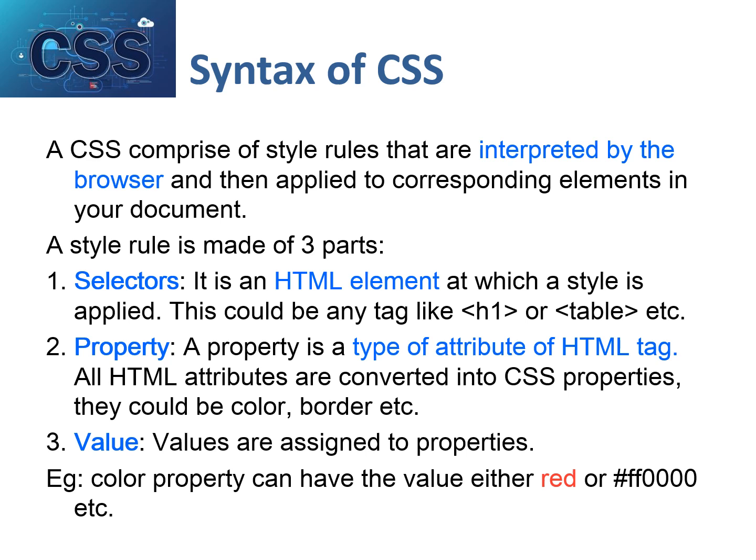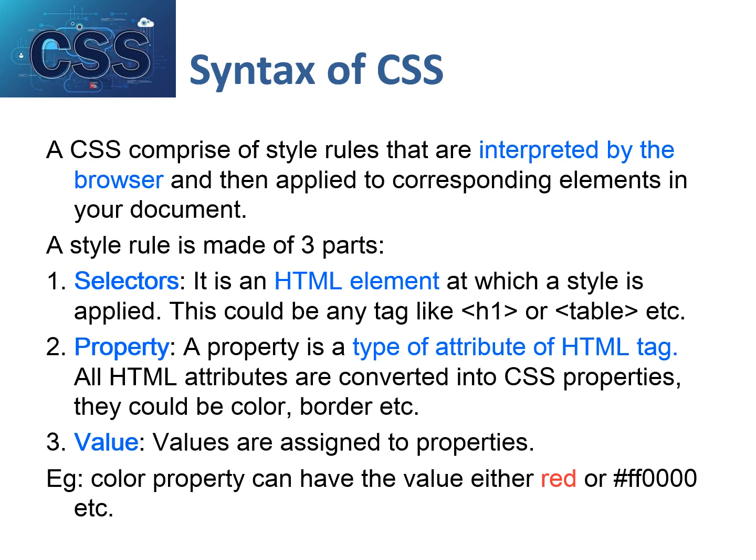Then there is the property. Property is a type of attribute of an HTML tag. All HTML attributes are converted into CSS properties. They could be color, border, etc. So property means it is the attribute of the HTML tag to which the style is to be applied. In the selector part, we already specify an HTML tag.